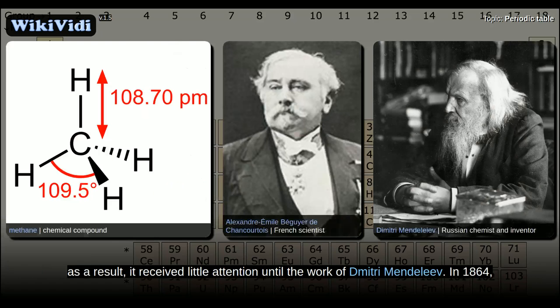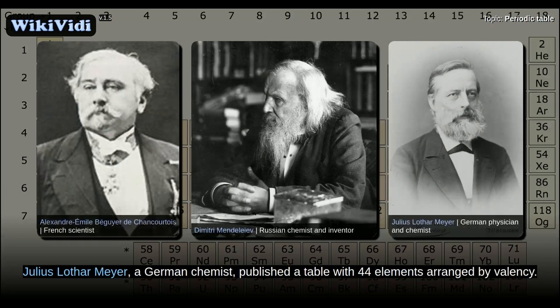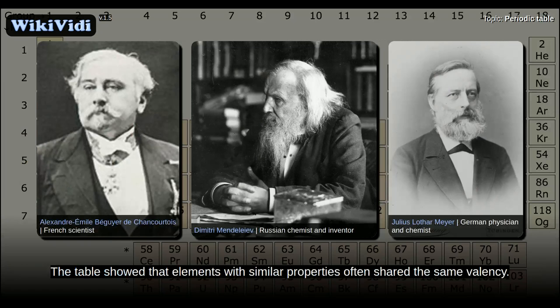In 1864, Julius Lothar Meyer, a German chemist, published a table with 44 elements arranged by valency. The table showed that elements with similar properties often shared the same valency. Concurrently, William Odling published an arrangement of 57 elements, ordered on the basis of their atomic weights.